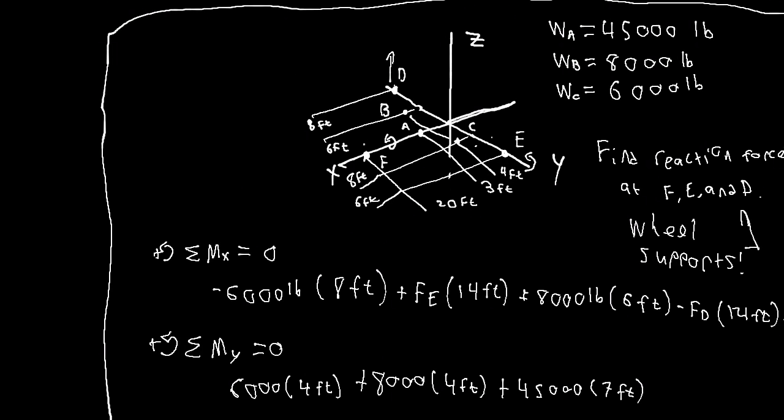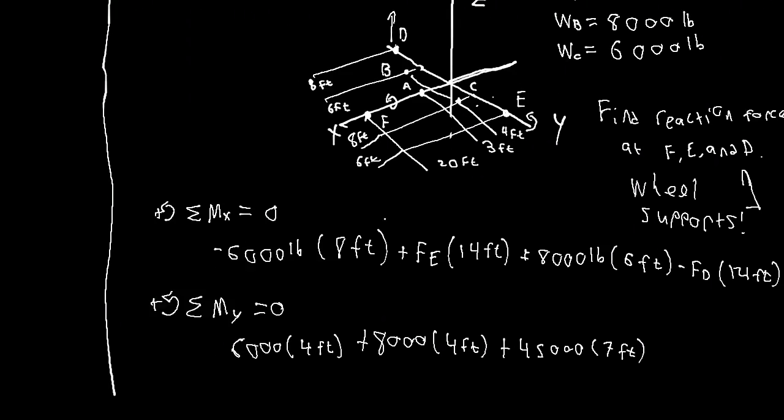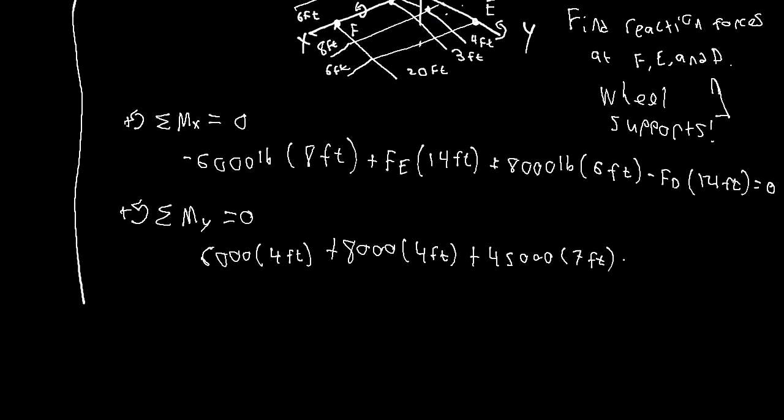Our force at F, which is acting up. So that'll be a negative moment, minus F. I'm just going to call it F, because it's at F, and that's 27 feet. And this moment equation is equal to 0.